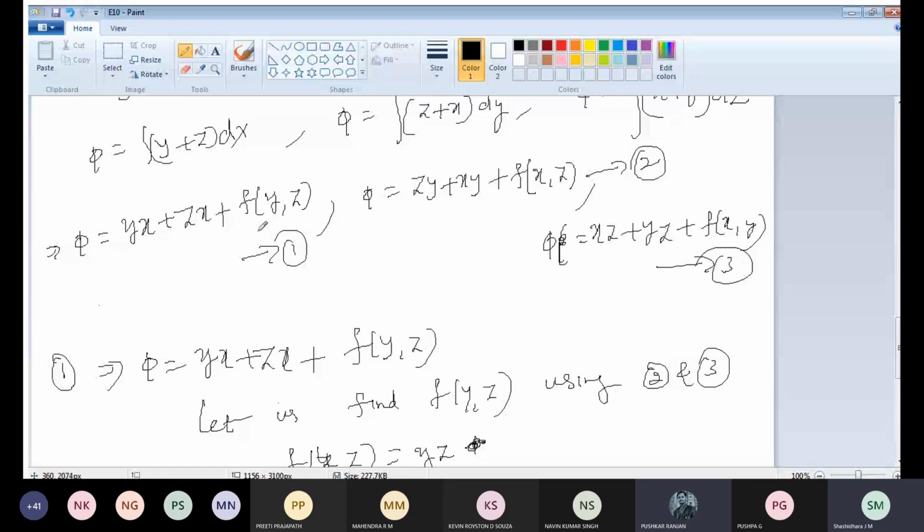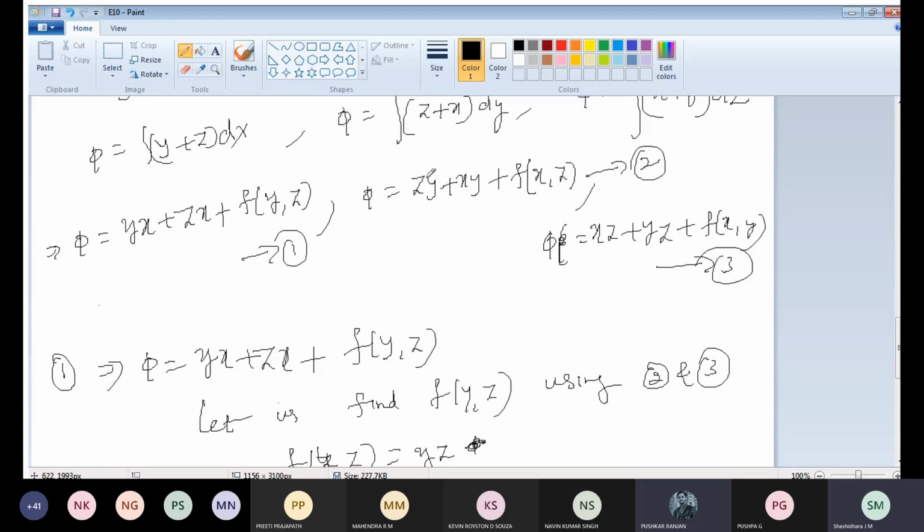So let us simplify the value of f of y comma z by using equations 2 and 3, and the x term should not be there. Those values you can treat as f of y comma z. Here in equation 2, zy is there, no x term here, so that is one value. And xy is there, but here x is there, we should not take this one.